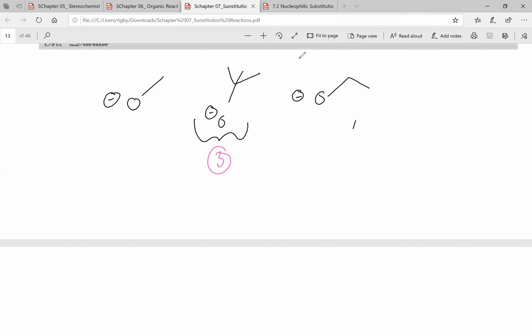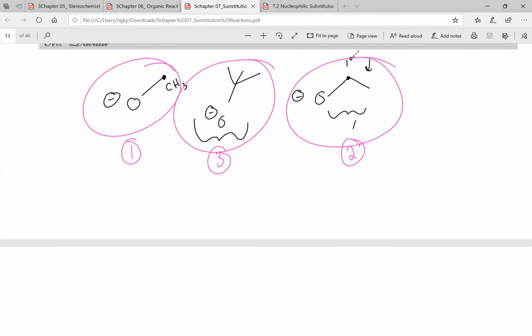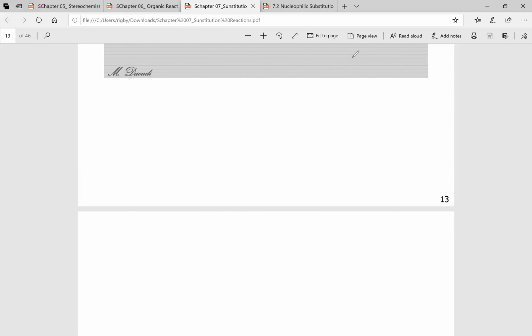Well, I see that this one on the right is a primary carbon, and this one is just a methyl carbon. This one has more stuff, more steric hindrance, so it's a worse nucleophile than this guy. So this one is the best nucleophile, this one's the worst, and this one comes in the middle. Okay. Oh, and those sterically hindered bases, they're still bases, they're just not nucleophiles. And so we call these strong bases weak nucleophiles or non-nucleophilic bases. Okay?